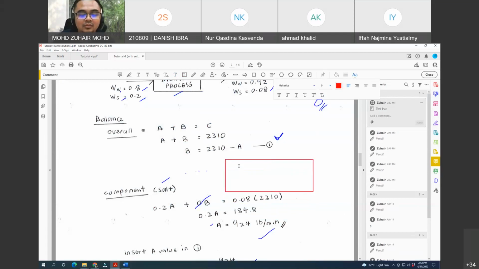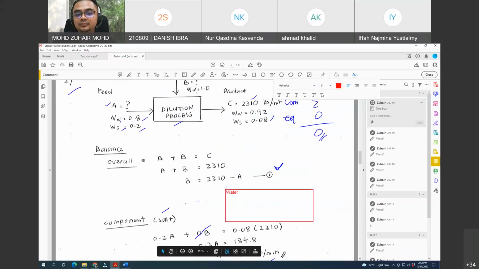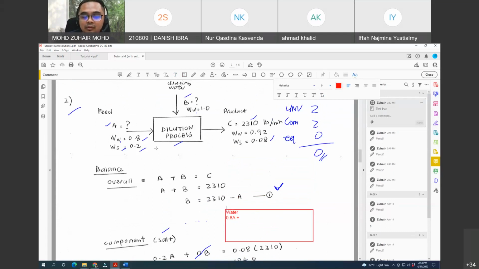Okay, water balance: for water it is 0.8 A plus 1 times B equals 0.92 C.